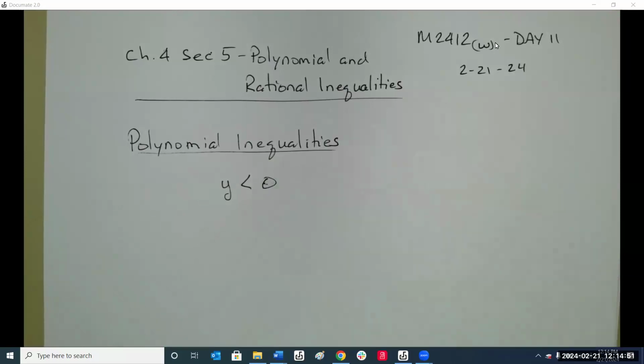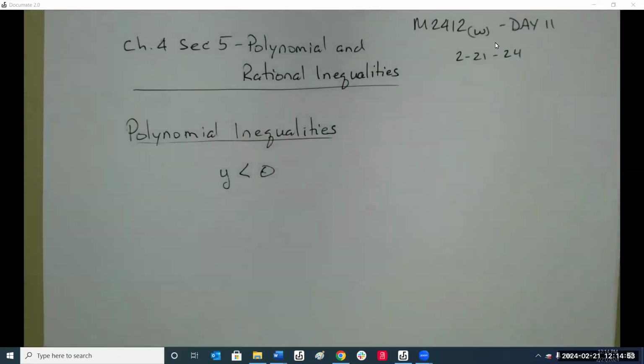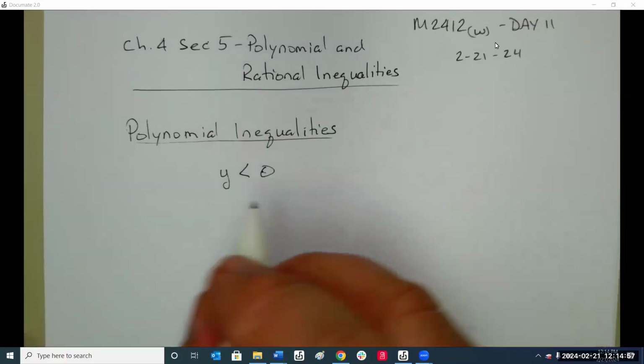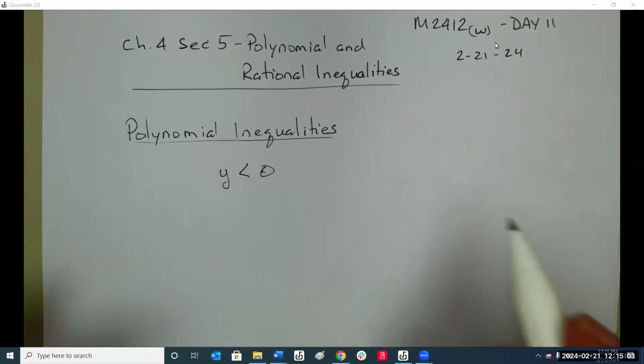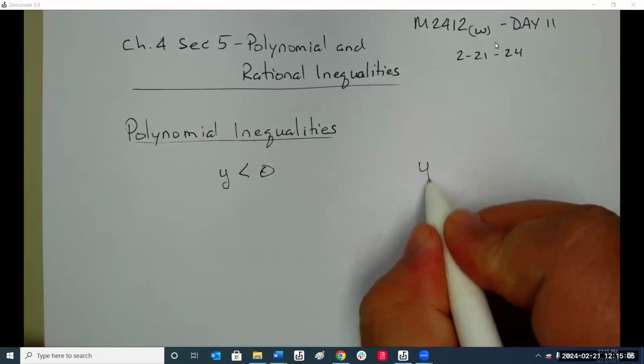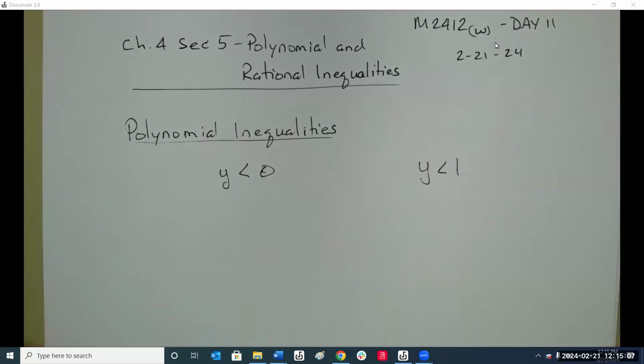Here's how we want to start off. Whatever our inequality is, we have to set it equal to 0 and then solve it from there. Why is that? Because if we looked at it as some number equals less than 1, how many ways can you equal 1 in an equation?